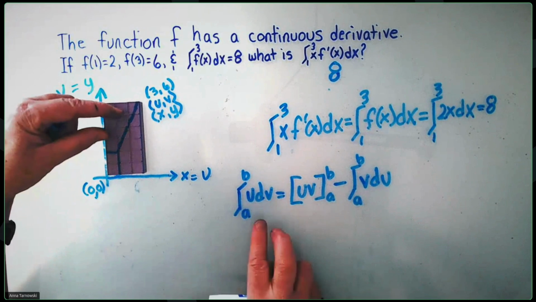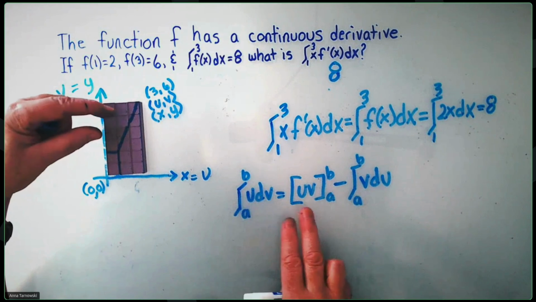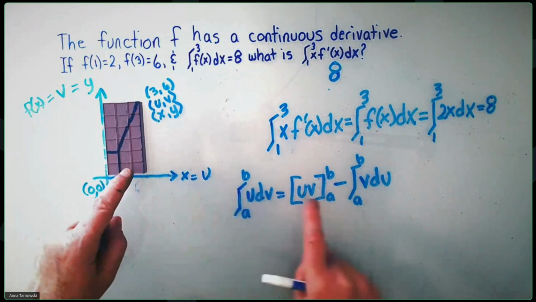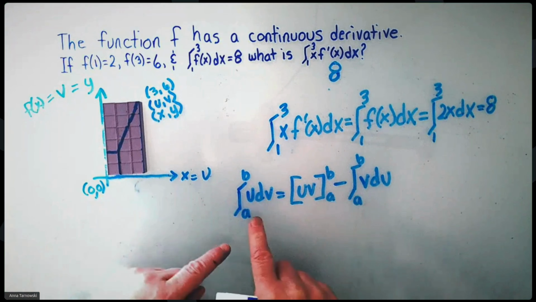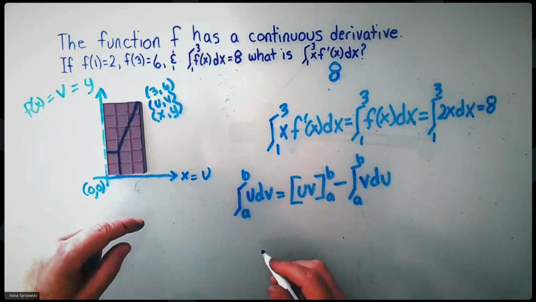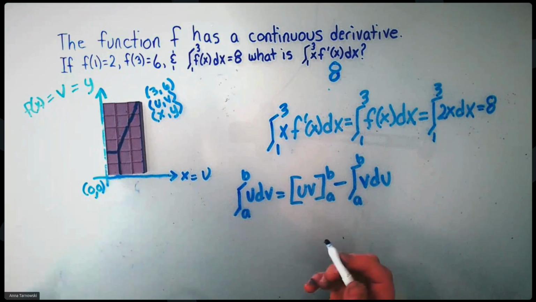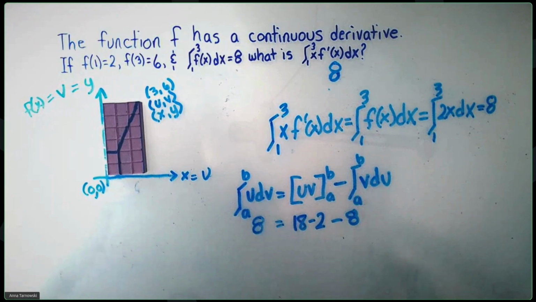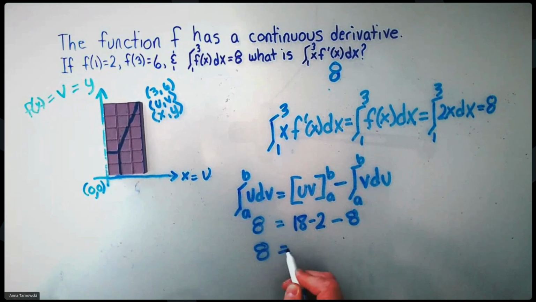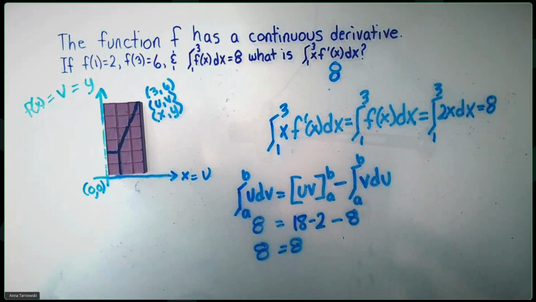Okay, that's this part here is equal to the big rectangle, subtract the small rectangle, subtract the area under the curve of the function, and you're left with this, right? And again, we did that. 18 subtract 2 minus 8. That one's given to us, right? Well, that's 16 minus 8 is 8, right? So 8 equals 8, right?